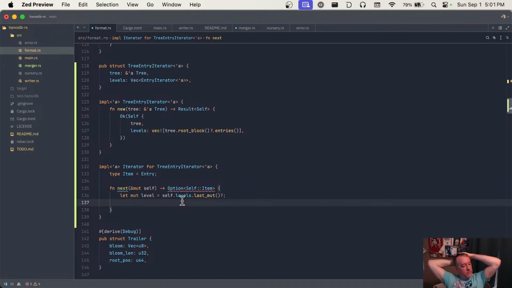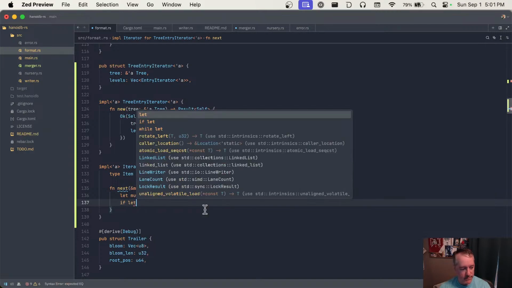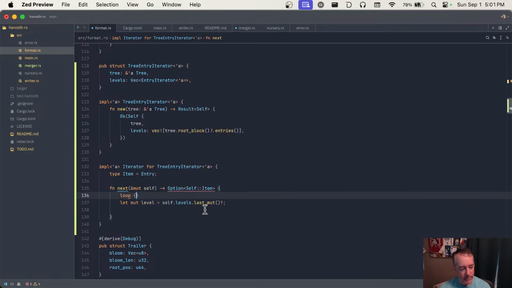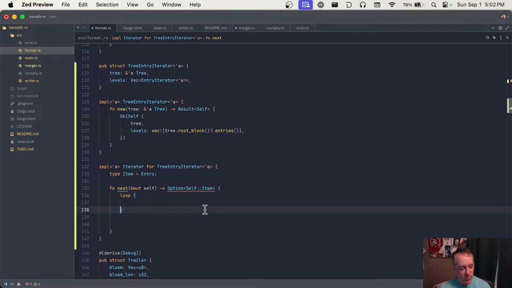Okay, so we get the last level in there, and in this case we're starting at the root. If so, then what we want to do is we'll probably have a loop in here, right? And we'll break out of the loop.